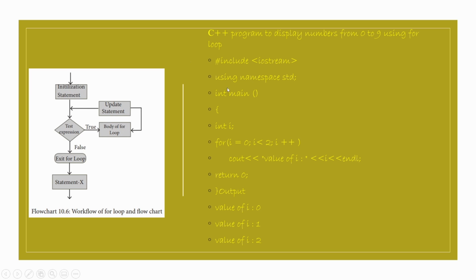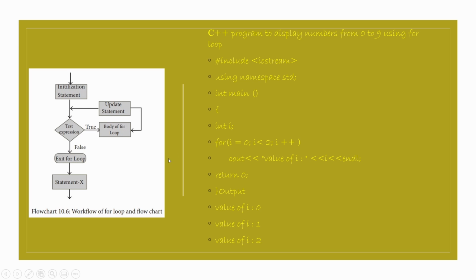Then int main, and we have declared a variable of int type with the variable name i. Which type of statement is it? We have discussed this earlier: a variable that introduces a name and has a data type, ended with a semicolon, is a declaration statement.